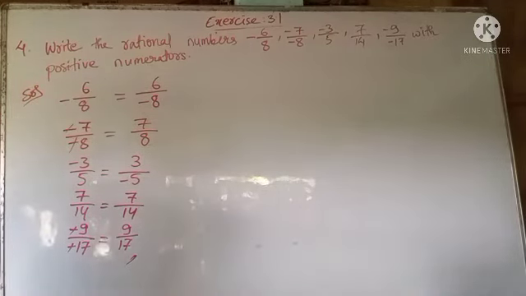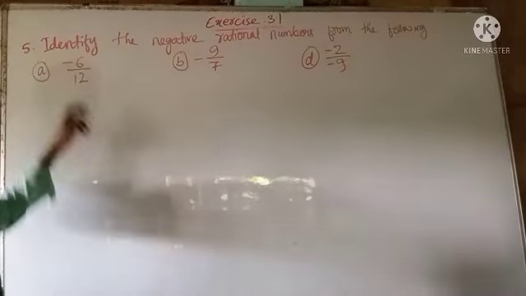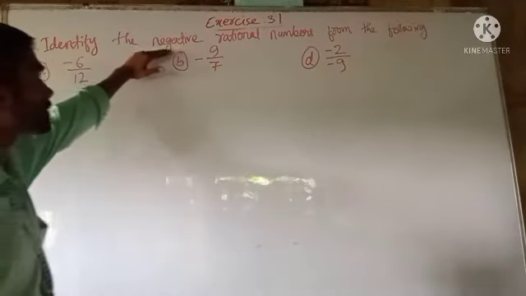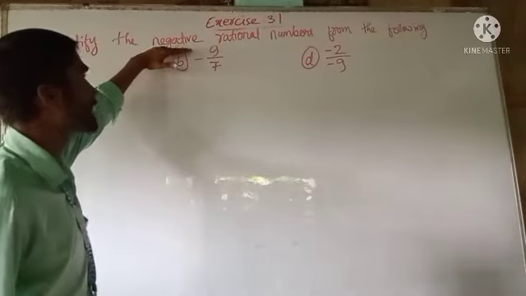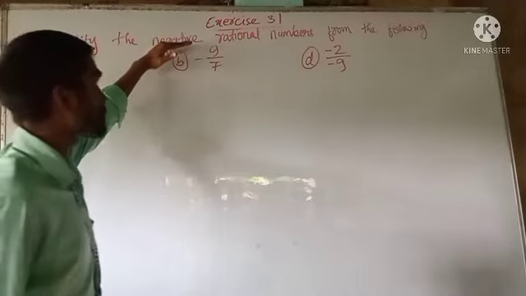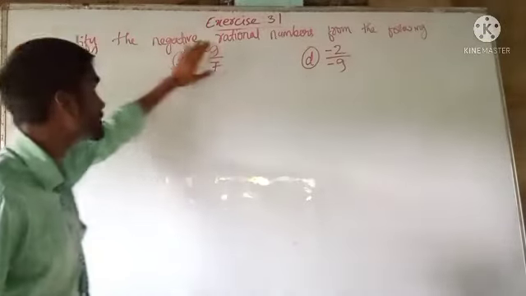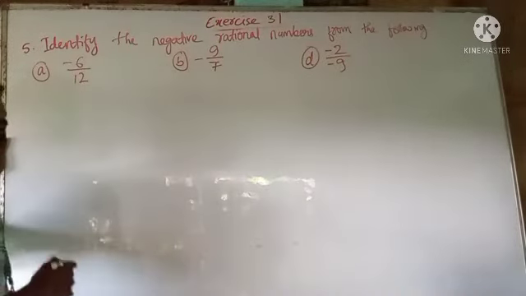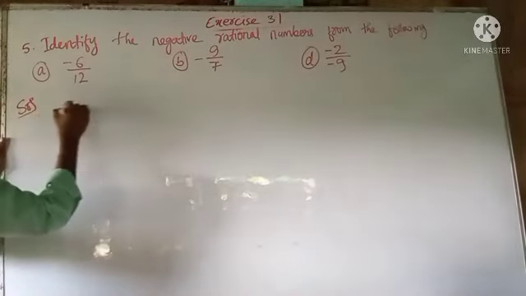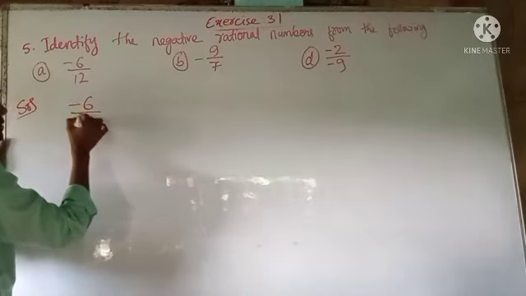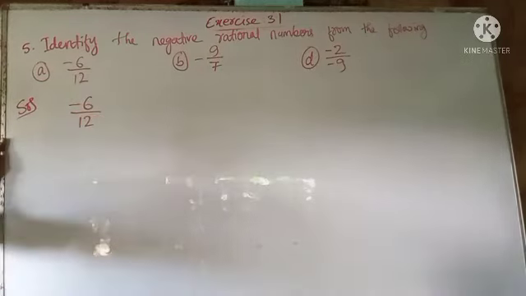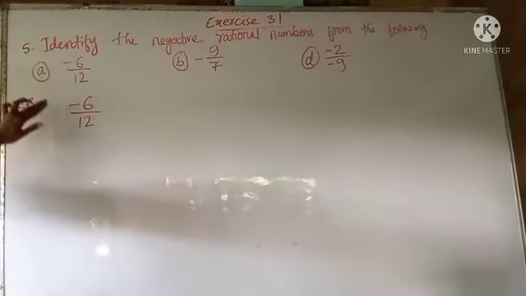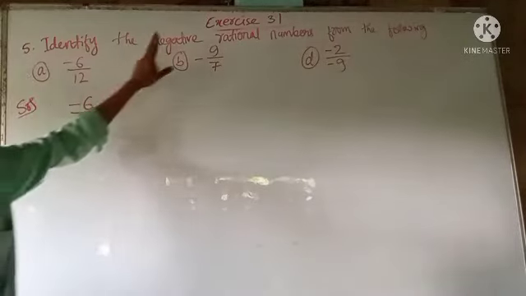Now let me show you question number 5. Question number 5 here: identify the negative rational numbers from the following. So negative means a minus sign in it. Minus 6 by 12. Here we can see that only one sign is there, that is minus, and the rational number which has only one minus sign in it is known as a negative rational.